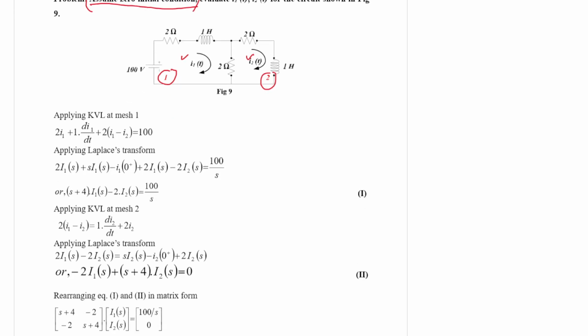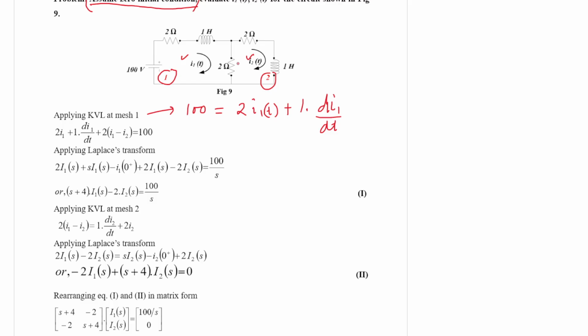Now when you apply KVL at mesh 1, this is the voltage source 100, that will be equal to 2 into I1(t) plus, now 1 Henry means 1 into dI1/dt.